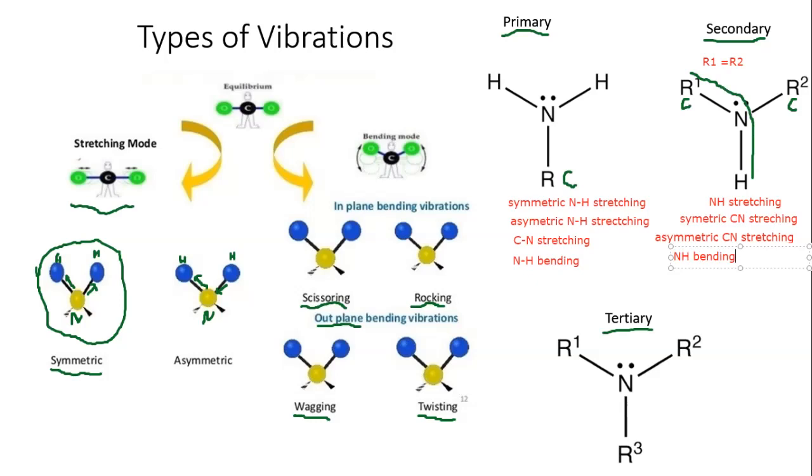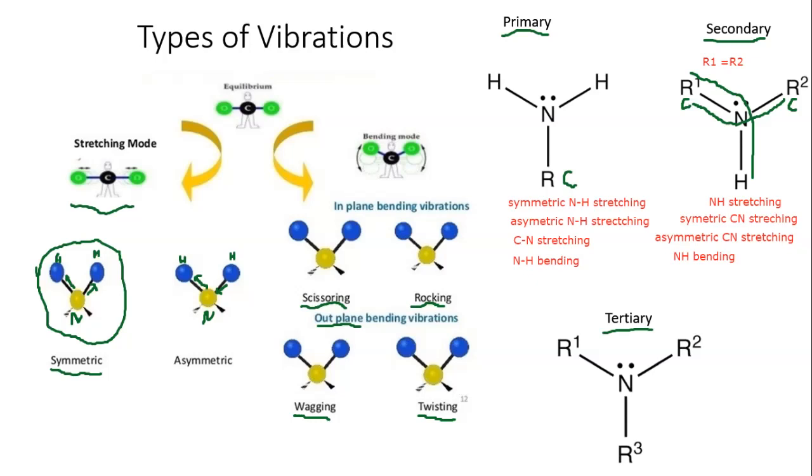And yes, for secondary amines, you can get CN bending, but again, bending happens at very low what we call wave numbers. So we don't really look at bending that much.